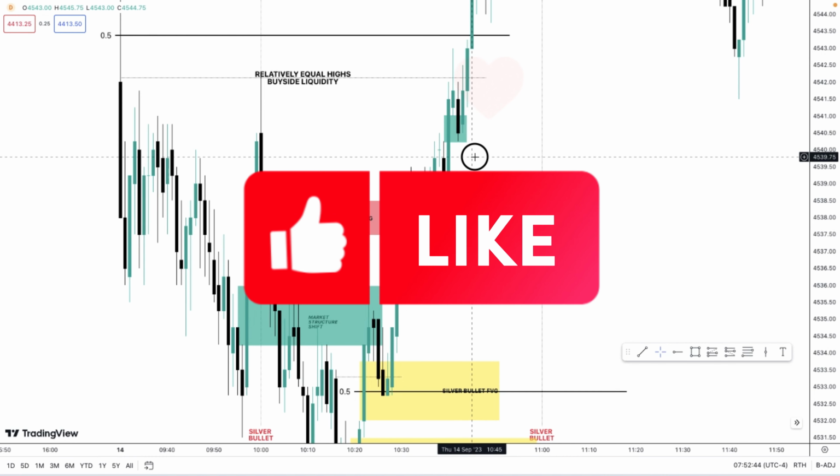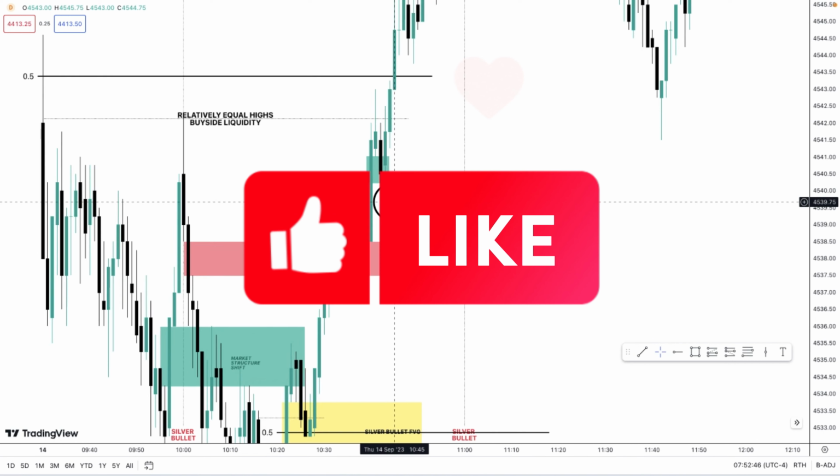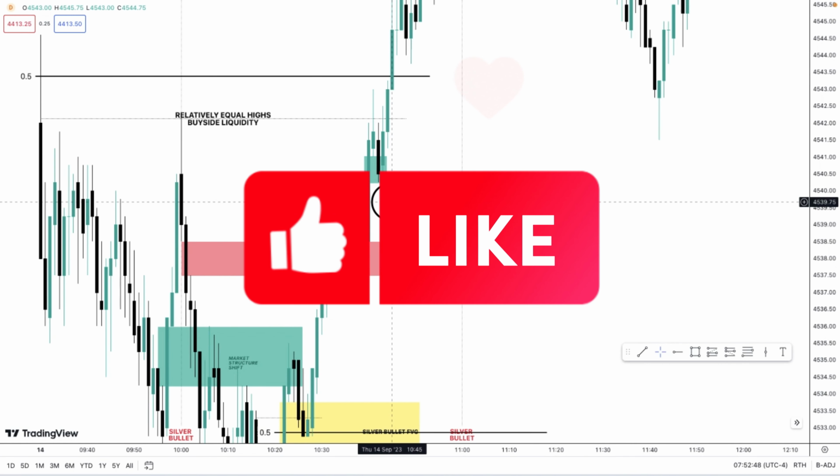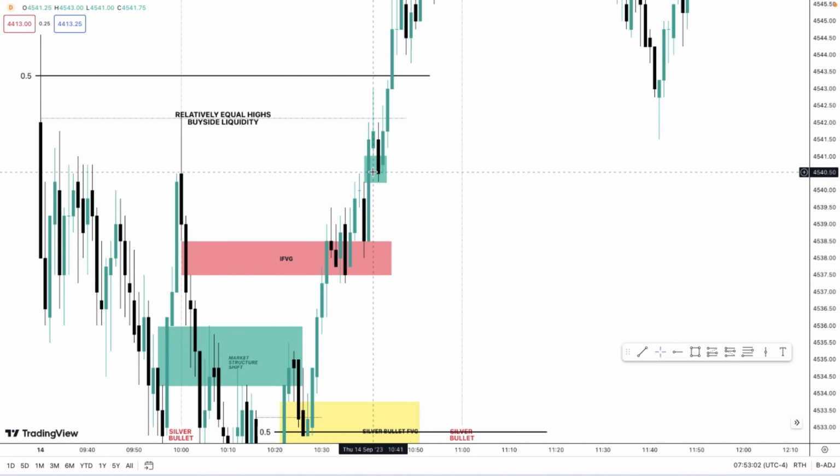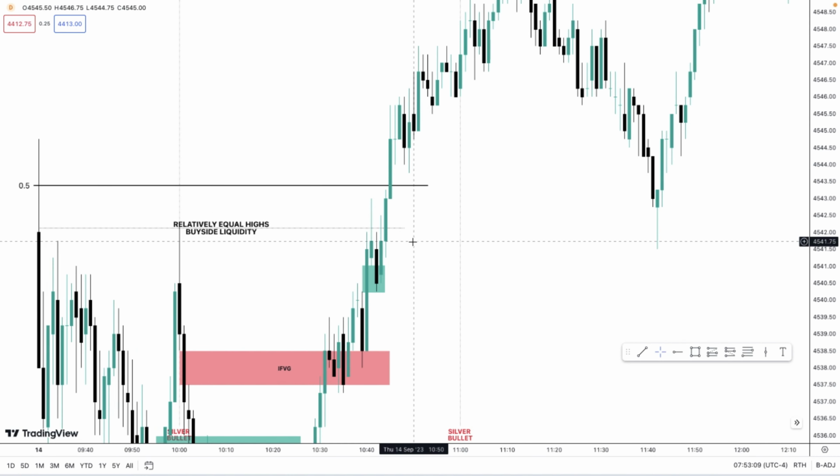That is beautiful price delivery. It's perfect price delivery. It means the algorithm for this day, well, at this point in time, delivered perfect price delivery, basically. So if you saw the fair value gap entered there, that's your fair value gap for the silver bullet. It continues to go higher.